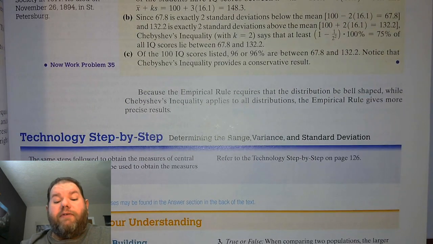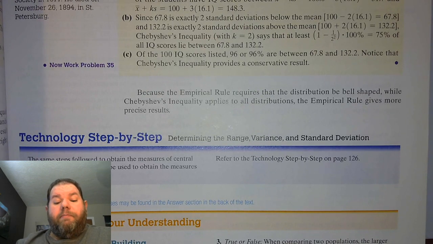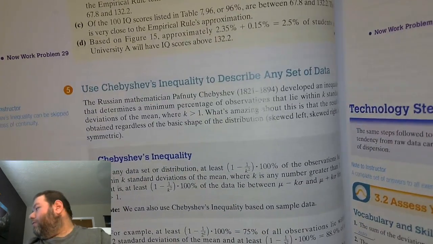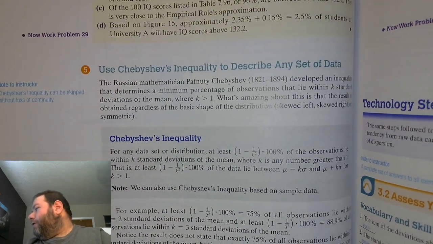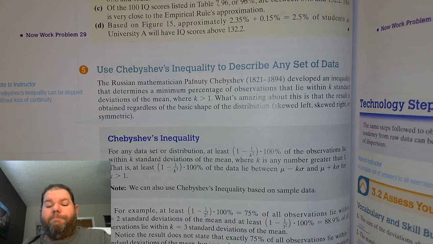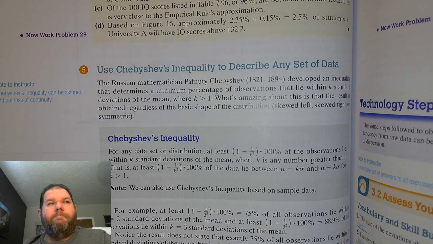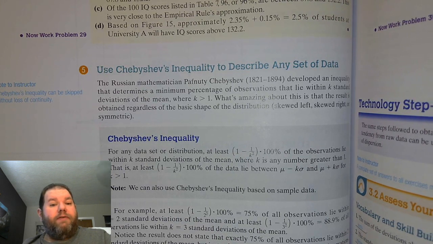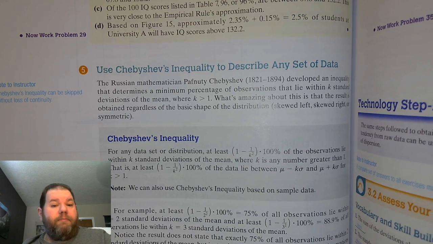There's also Chebychev's inequality, and certainly I would encourage you to read about that. But that's getting a little bit more into the more advanced part of statistics, like where does this stuff come from, basically.